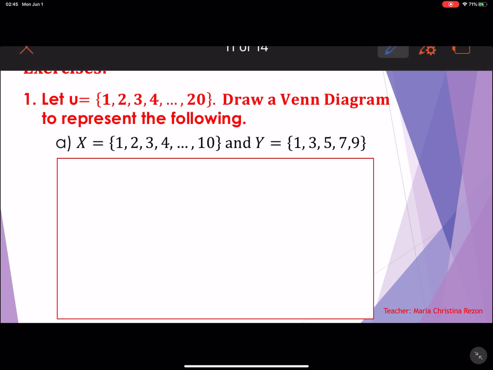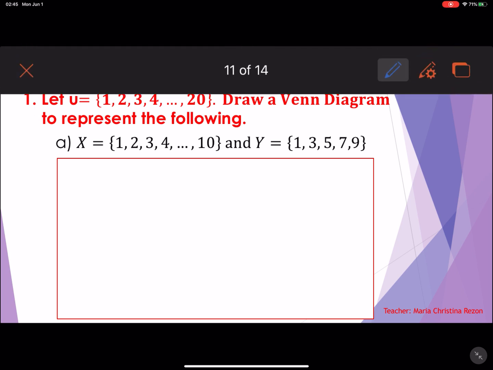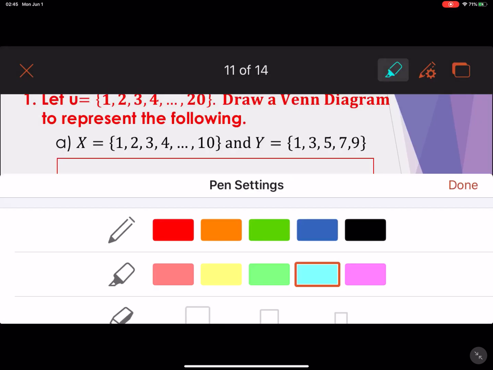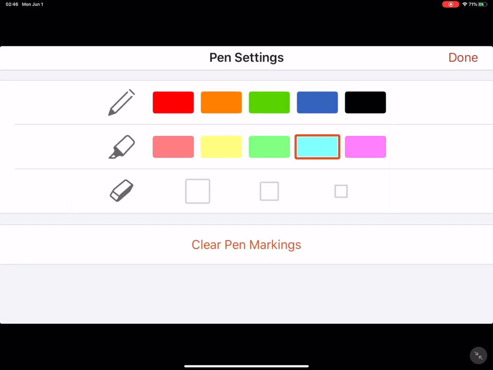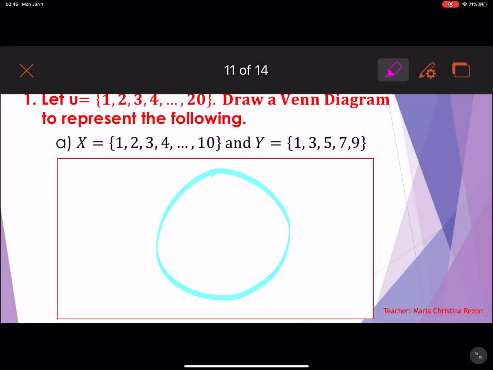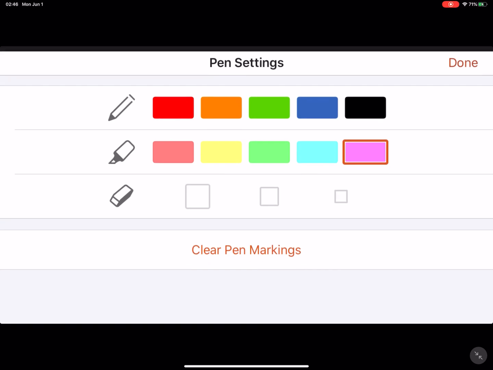So if you are going to draw the Venn diagram of that, you can have, say, if this is your X and this is your Y, okay?